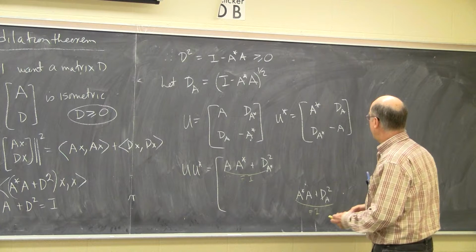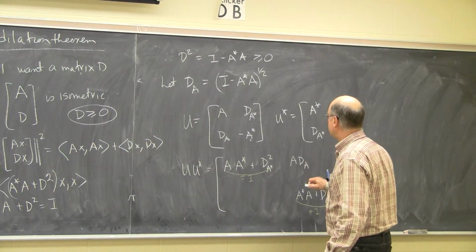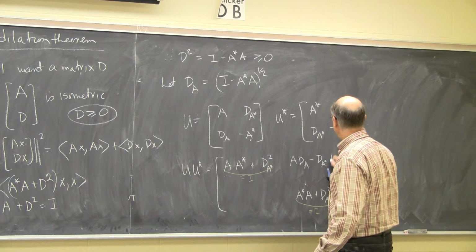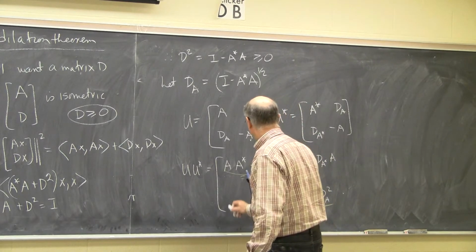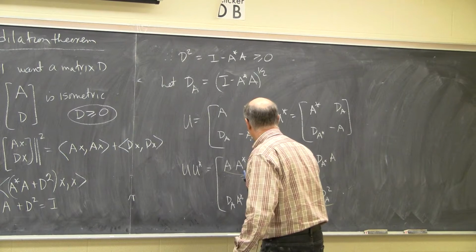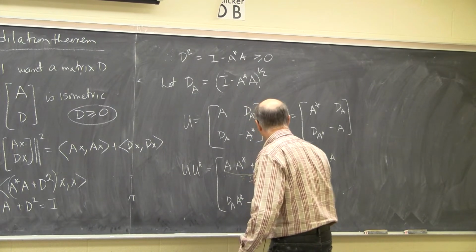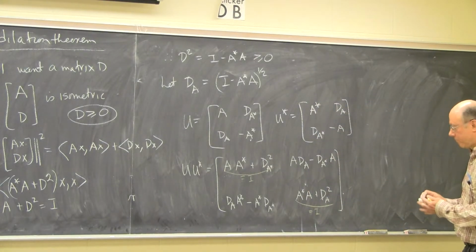And then in the off-diagonal corners, here I get A D_A minus D_A star A. And here I get the adjoint of that. Here I get D_A star minus A star D_A star. I claim that is 0.